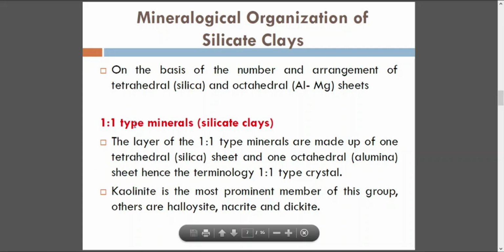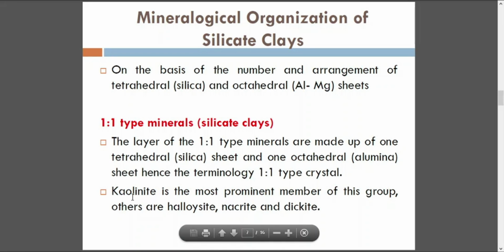We have the 1-to-1 type minerals, which come about by having one tetrahedral sheet bonded to an octahedral sheet. So we have one of each sheet bonded together to form the 1-to-1 type minerals. The most prominent example of these minerals is kaolinite.